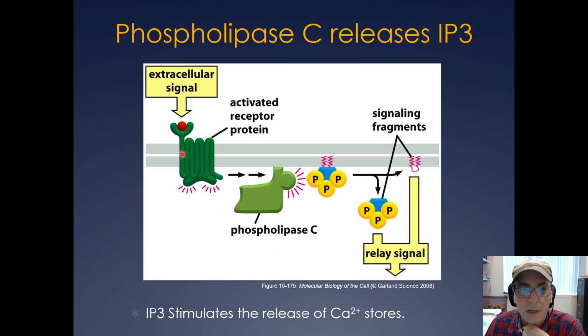In this case, you've got your G protein coupled receptor, you have your extracellular signal, and that will activate phospholipase C, which will cleave off the IP3 here, okay? And as you remember from the cell signaling section, that IP3 stimulates the release of calcium.